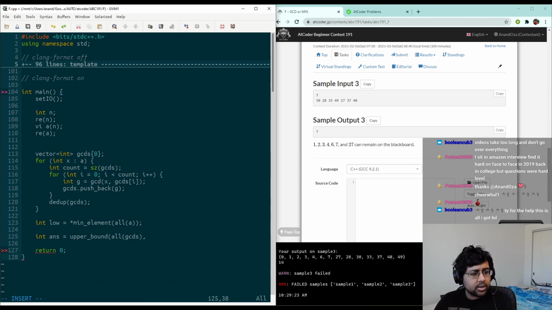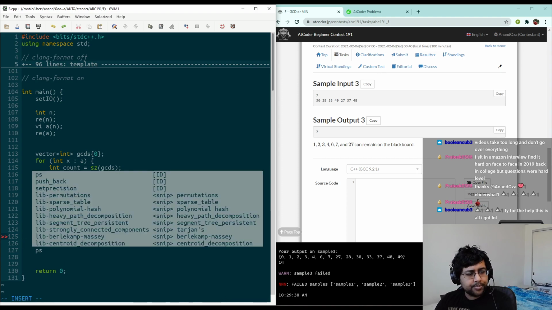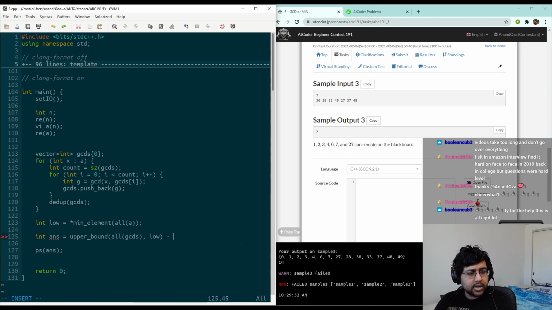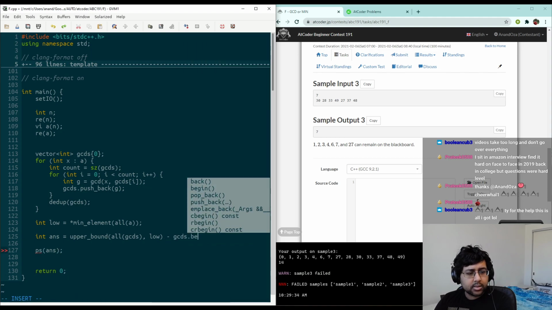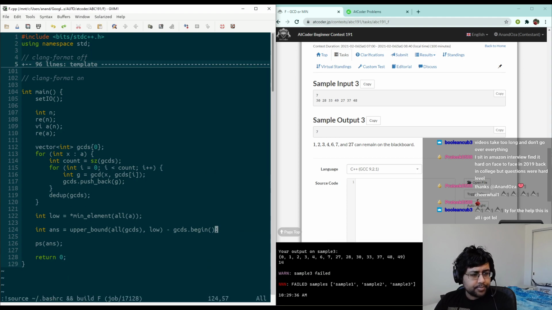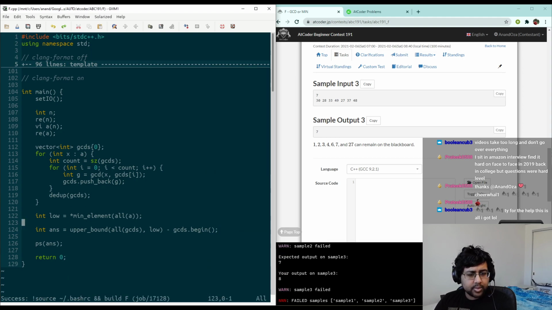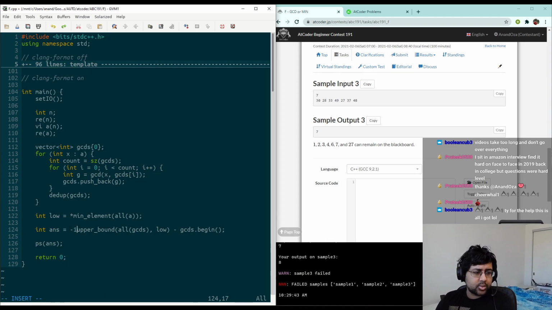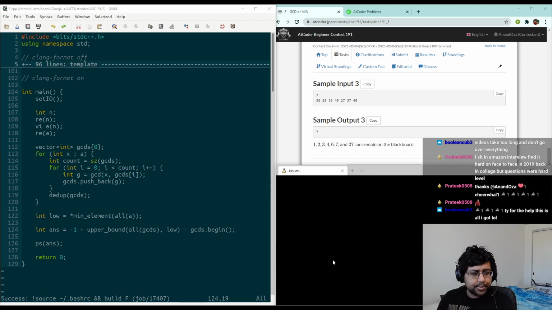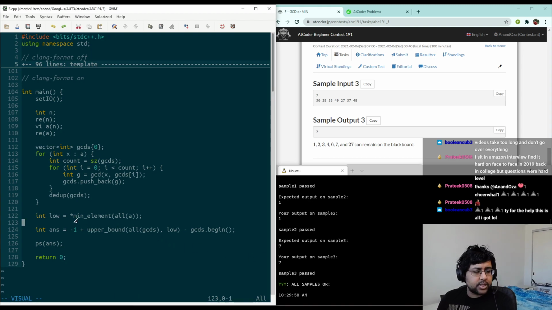So what we're doing here is we're going to find the number of GCDs less than or equal to low, and I think that's going to be our answer, assuming I implemented this right. Oh, and then we want to subtract 1 because there's a 0 at the beginning. Okay, cool. So this passes.